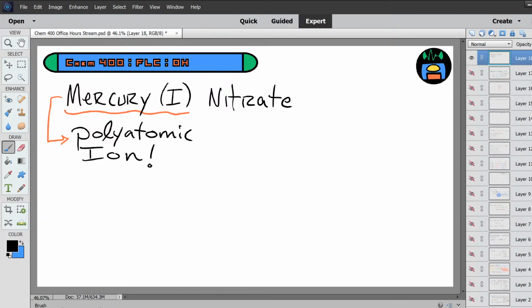Mercury(I) is Hg2 2+. It's actually 2 mercury(I) ions stuck together.